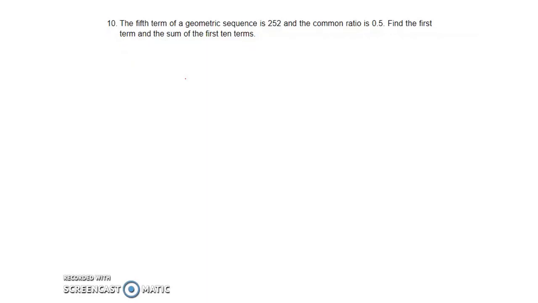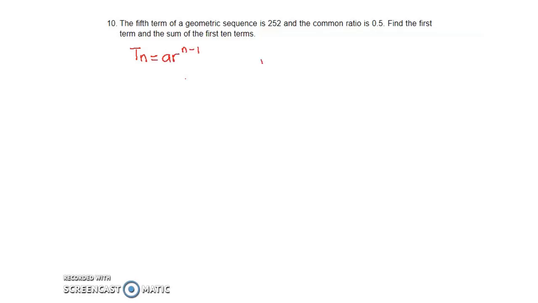Okay, now look at this question. The fifth term of a geometric sequence is 252 and the common ratio is 0.5. Find the first term and the sum of the first 10 terms. The common ratio is already given to us. So for this geometric sequence, Tn equals A R to the power of n minus 1.